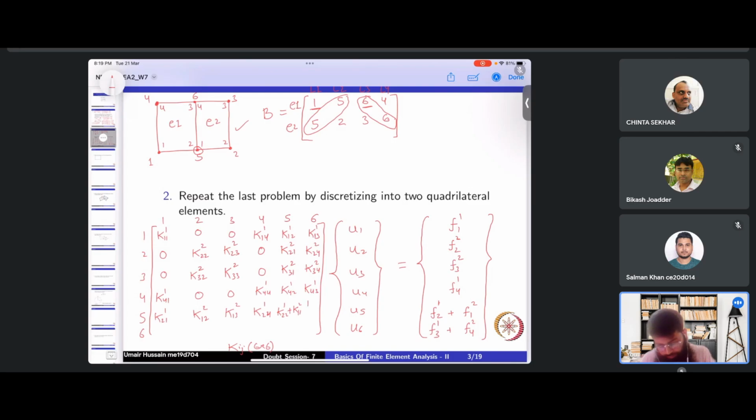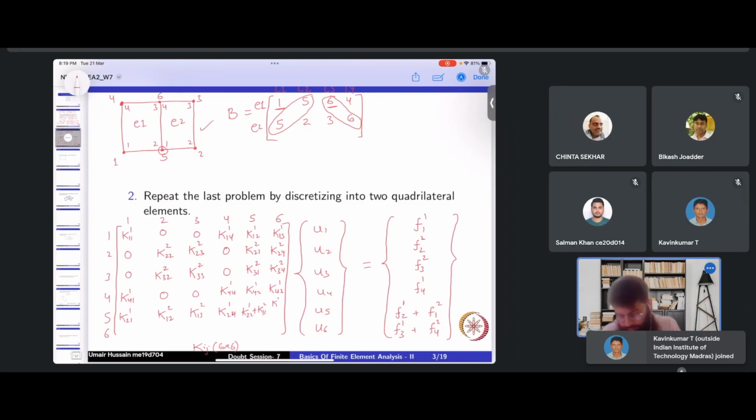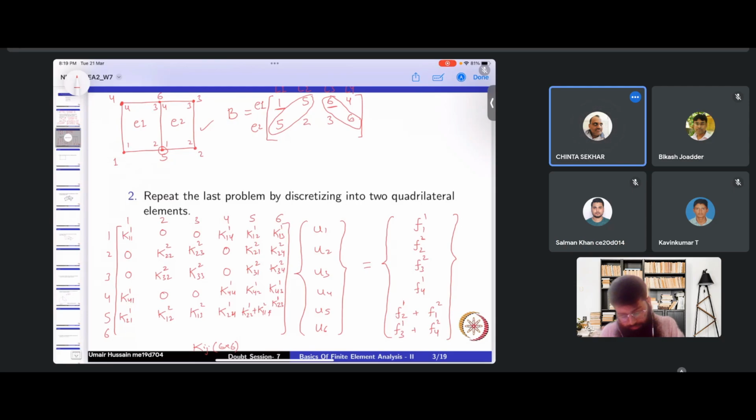So 5 6, there's not much space, I'll write over it. For element 1, it is local node 2 3, plus for the second element, local node 1 4.